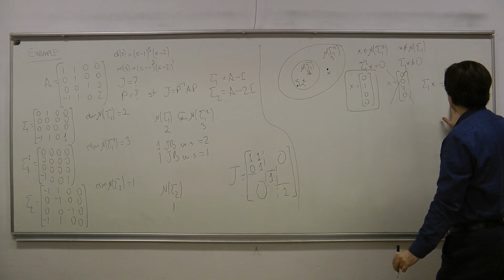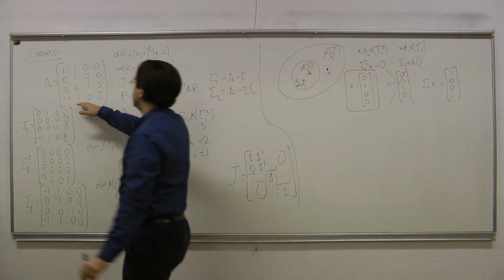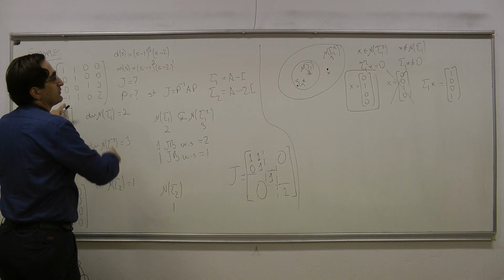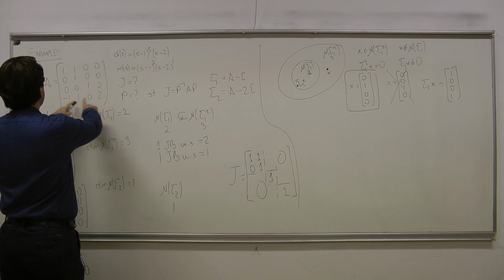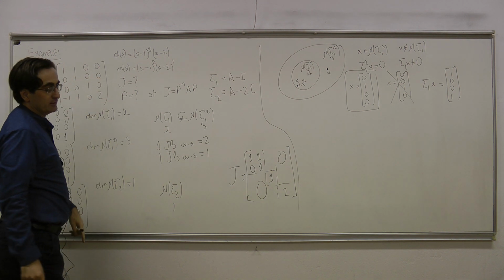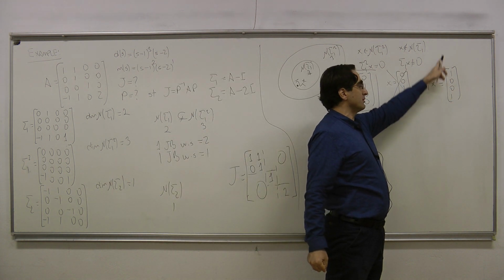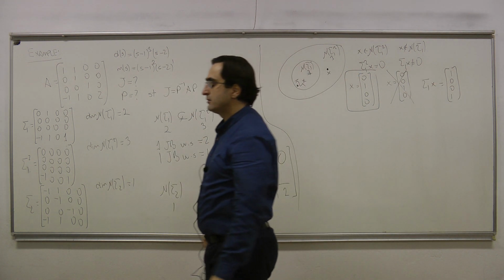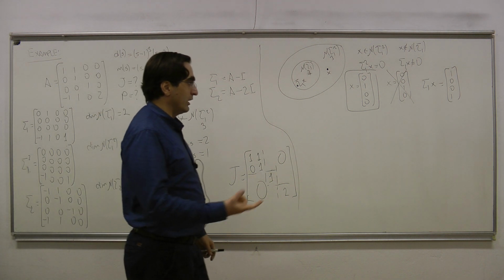I can check it, multiply 1, 0, 0, 1 with the A matrix. In that case, you would sum the first and the last columns here, and that is going to give you 1, 0, 0, 1. Okay? That means that A times that vector is equal to that vector. That means that this vector is an eigenvector of the A matrix corresponding to the eigenvalue 1.